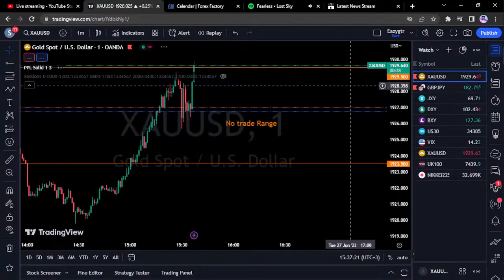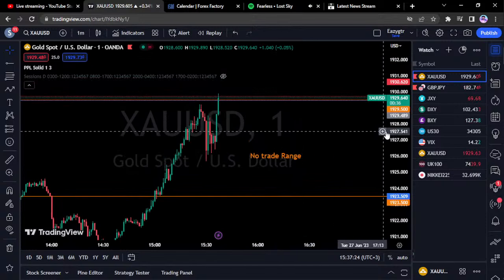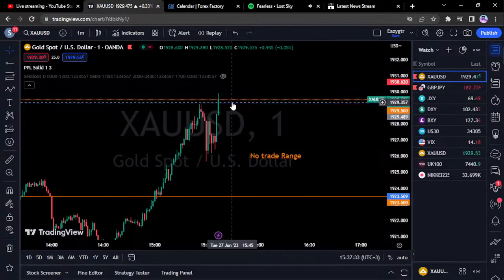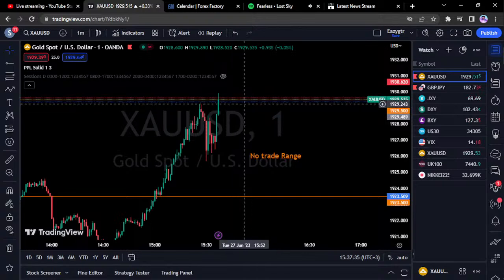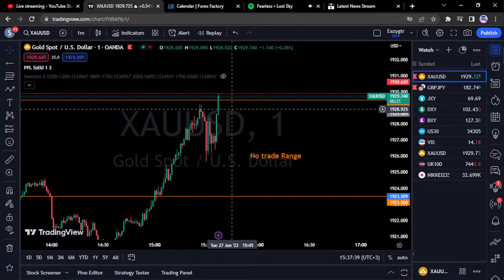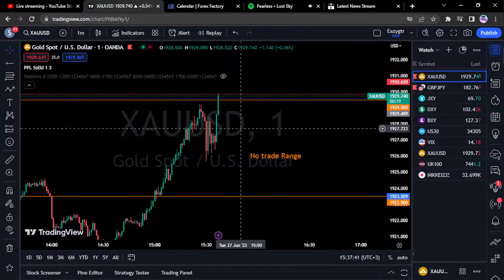Also, I've realized gold is back to where we expected it. So let's just watch price action to validate ourselves. If it does the same thing it did here, we don't have any trades on gold.